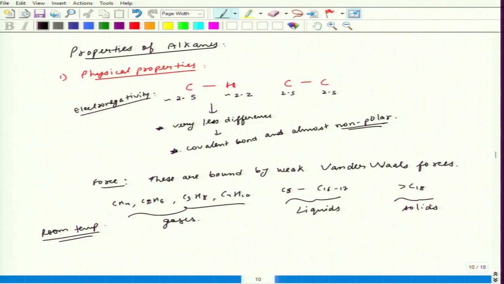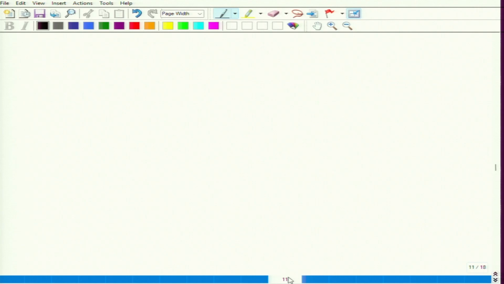So there are very weak van der Waals forces present in the alkanes. That's why the lower members of the series are either gases or liquids. The first four members are gases, due to the weak van der Waals forces present in them.